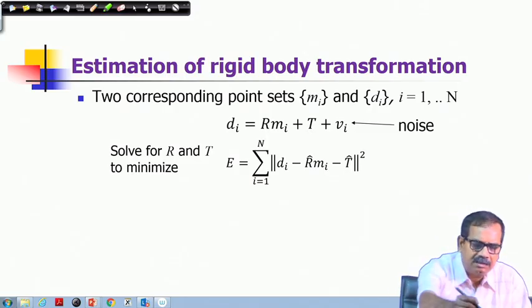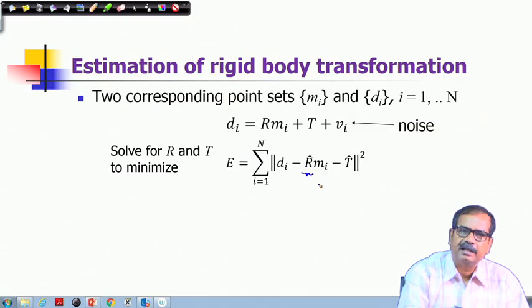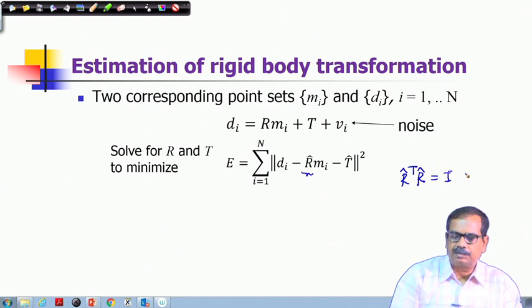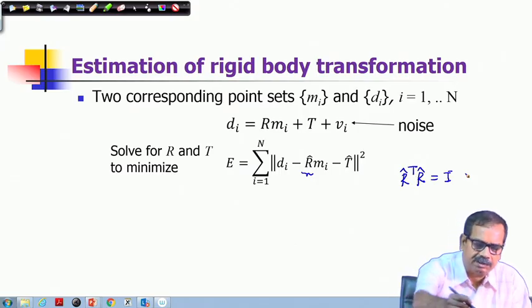One thing you should know is that it is a constrained optimization, in the sense that there is a property of the rotation matrix: it is an orthonormal matrix, which means it should satisfy this condition. R transpose R should be equal to I, or R transpose should be equal to R inverse. Subject to that we have to solve this minimization. So, it is not a simple least square error estimation or simple minimization method, it is a constrained optimization method that we need to consider here.